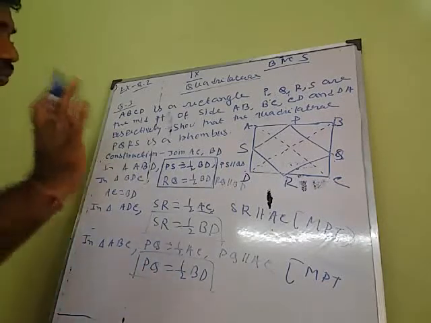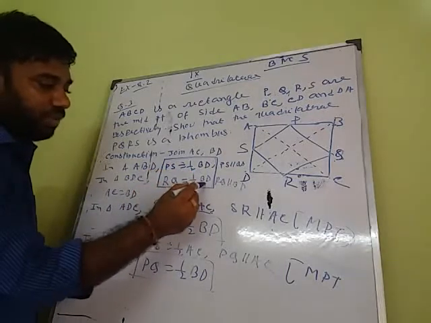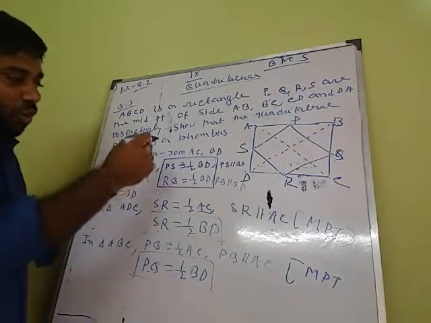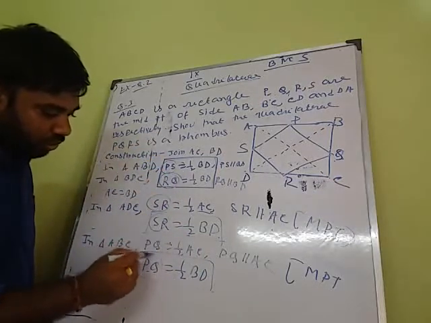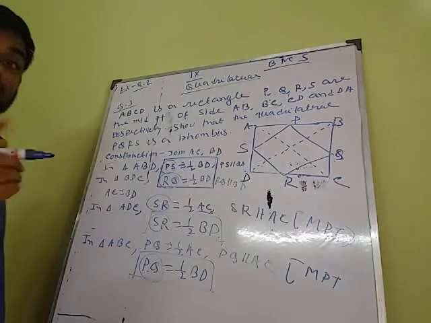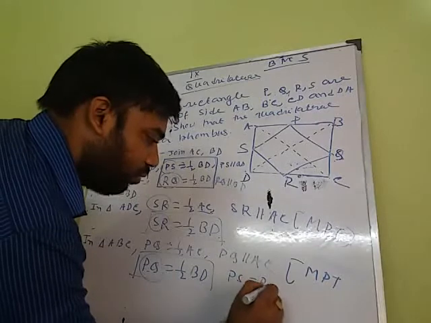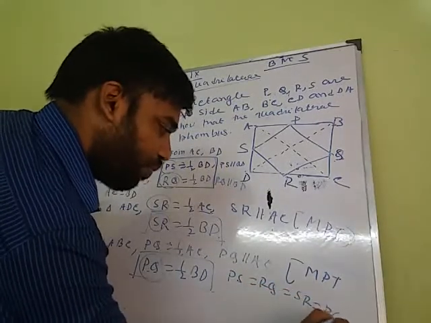Now just look at the boxes. PS equal to half of BD, RQ equal to half of BD, SR equal to half of BD and PQ equal to half of BD. All these four line segments are equal to half of BD, so they are equal to each other. So PS equal to RQ equal to SR equal to PQ.